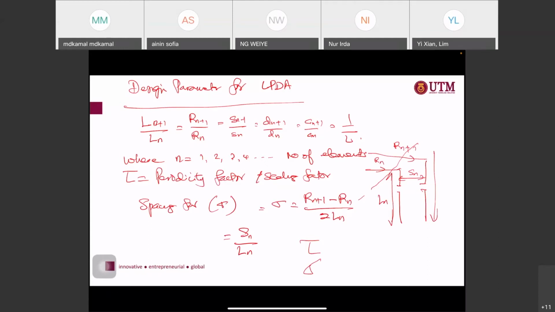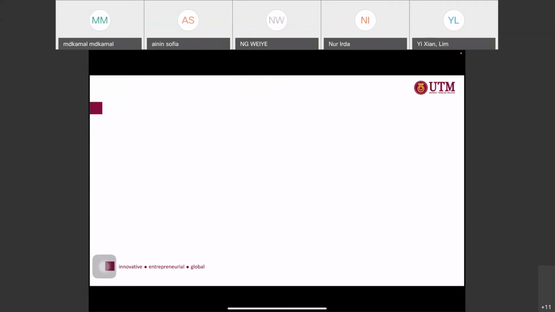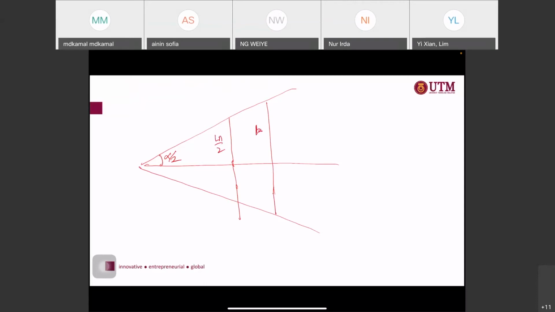Okay, right. So let's say we want to find the apex angle. This is your antenna here. We have Ln, and then we have Ln plus 1 here. Of course, this one is Ln both. So this is your alpha over 2. This one is the length of your dipole, so divided by 2 is Ln over 2, Ln plus 1 over 2 here.